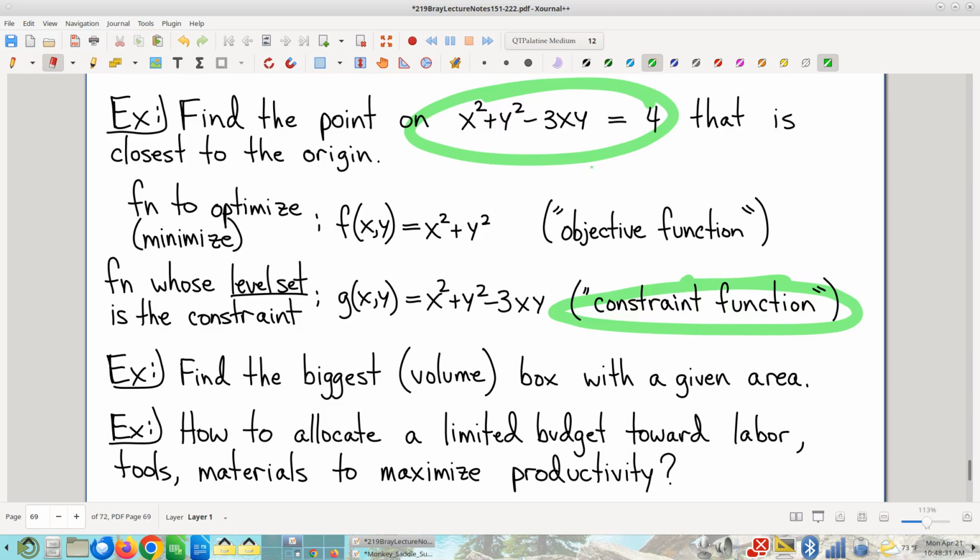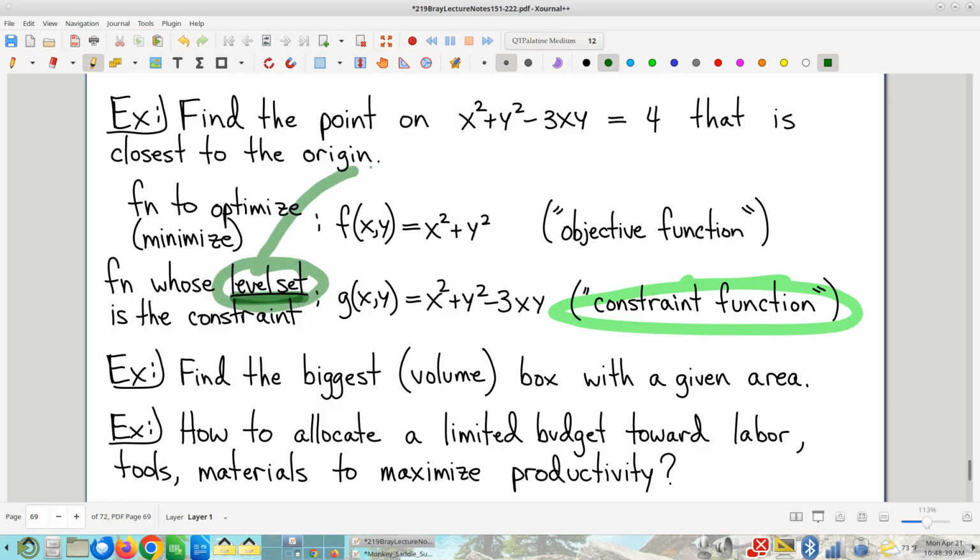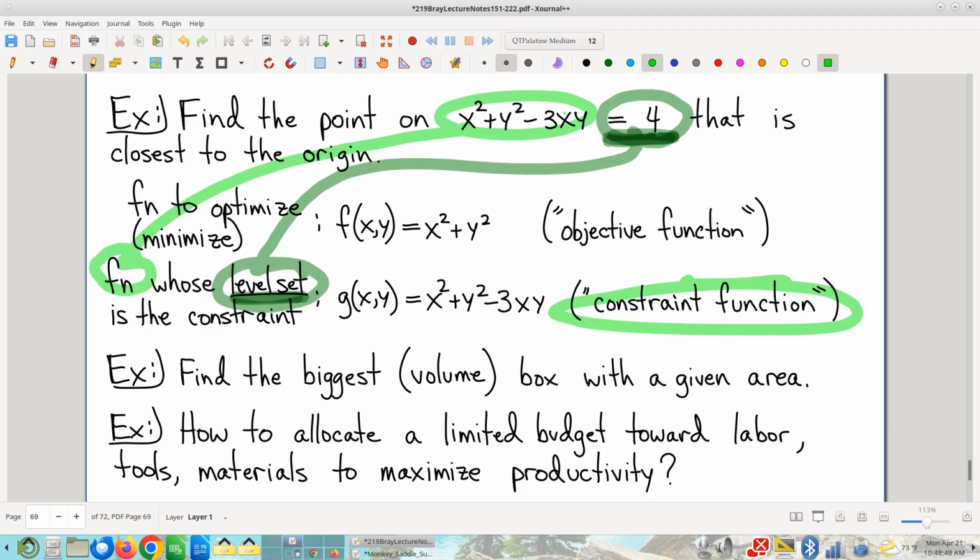Okay, so the constraint function, very importantly, is a function for which a level set gives the constraint. Right? So the constraint function in this case is this thing right here, sort of the left side of that equation.